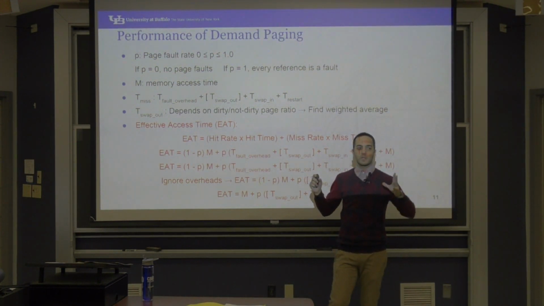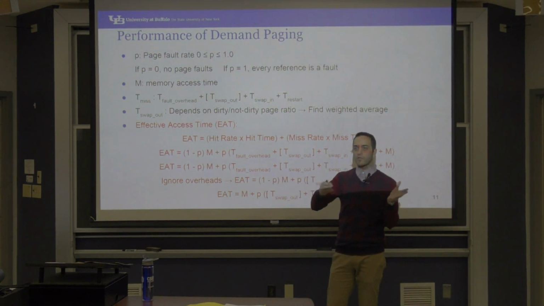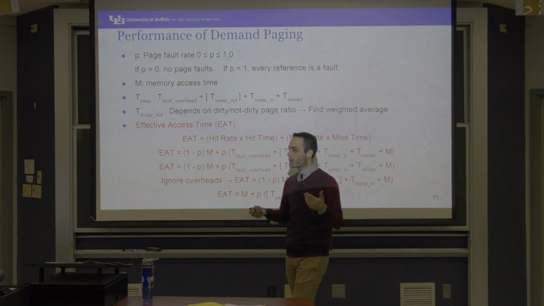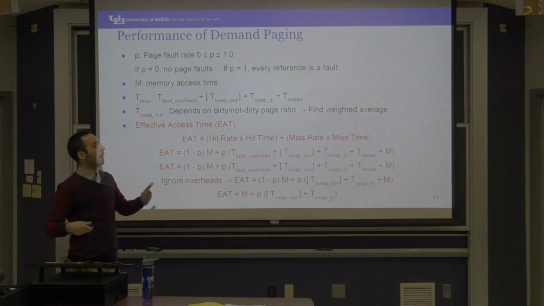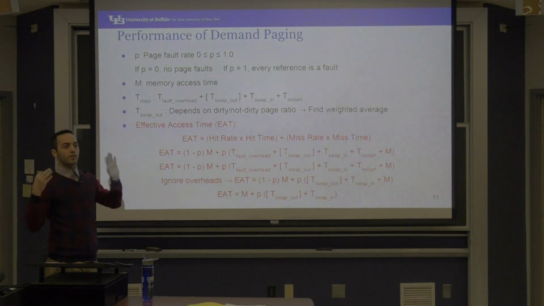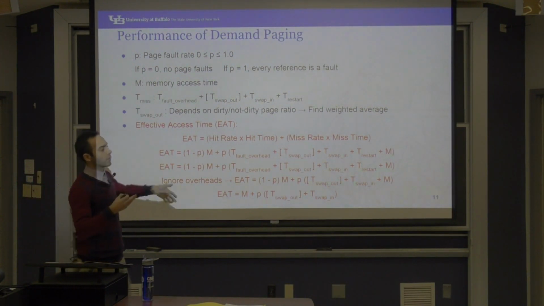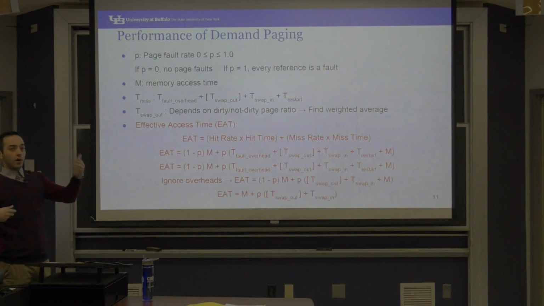The operating system is doing so great at having the frames ready on physical memory that there's no page fault. It just predicts what pages are going to be needed and brings them in time. If the page fault rate is 1, that's terrible, right? Every reference is a fault, as if the OS is handling random pages and doesn't know what it's doing. So that's the page fault ratio.